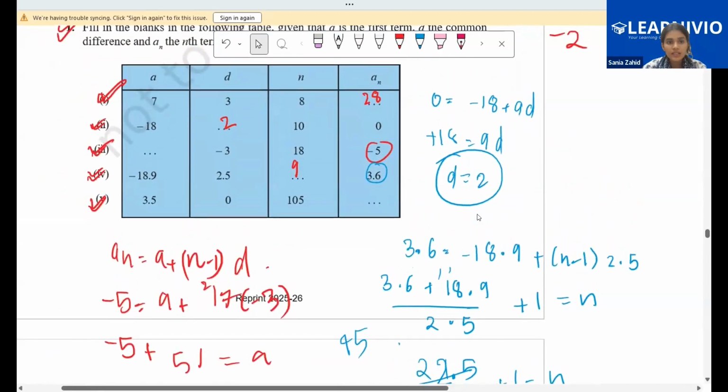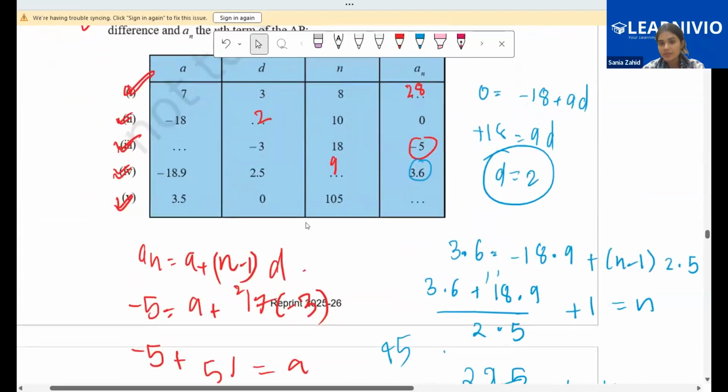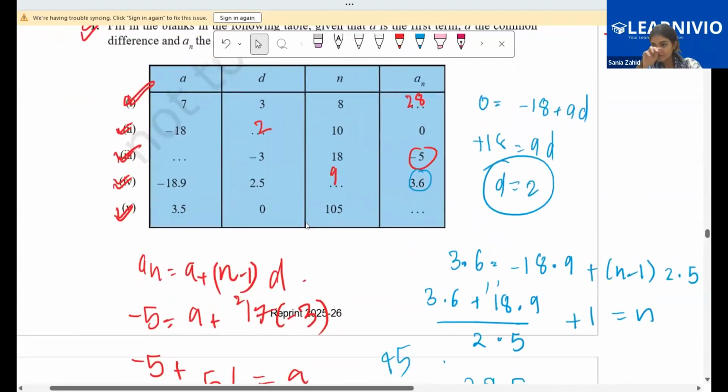The next one is a is 3.5, d is 0, and n is 105. So you have to find the 105th term. Now this one is easy. An is 3.5, because whenever the common difference is 0, the number just keeps repeating itself. That means the answer is 3.5 only.